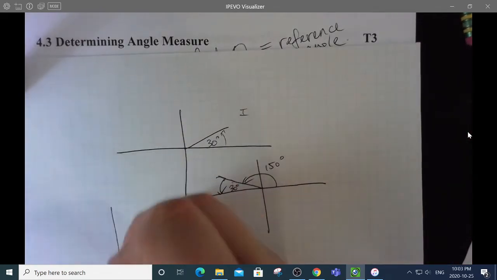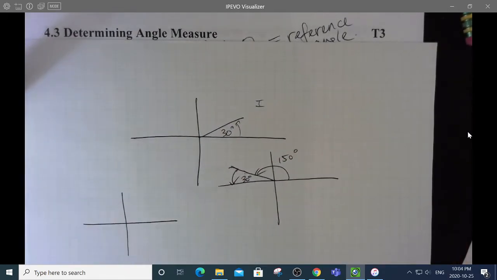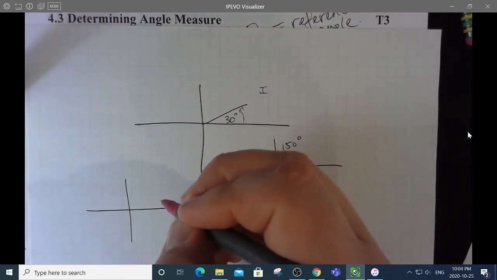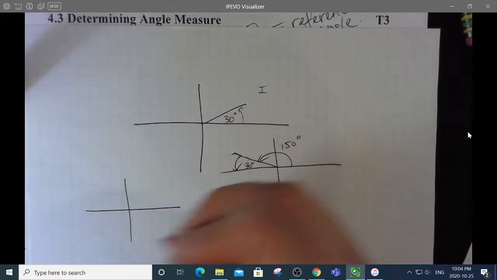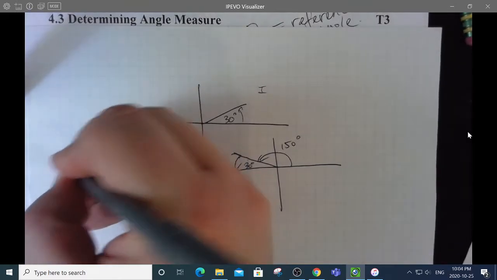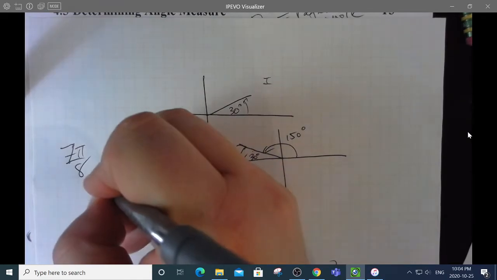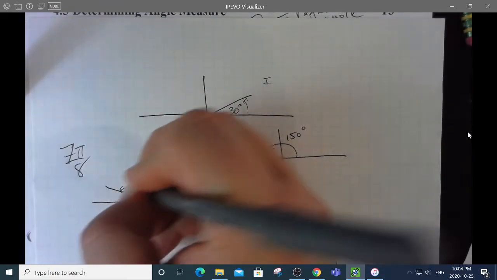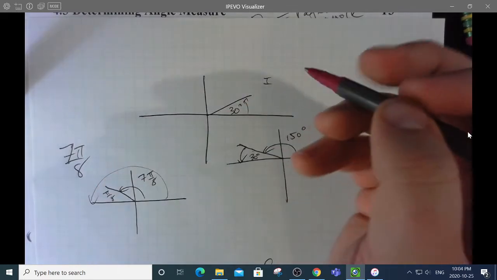So what's the reference angle for something like, oh, I don't know, what would the reference angle, let's switch to radians, be for, let's say, 7 pi by 8? Well, that would be right about here, and then this extra, so this would be 7 pi by 8, and then this would be 1 pi by 8. Notice that's not even on the unit circle, but I know that from here to here has to be pi.